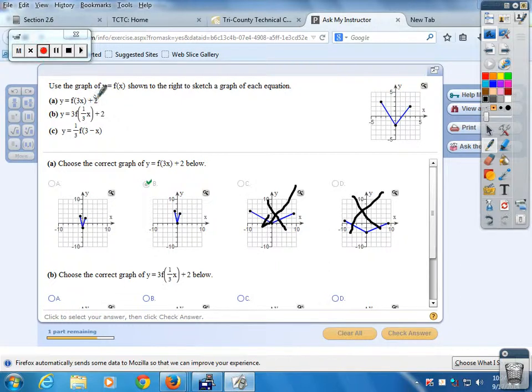Well, this one has a vertical shift of what? 2 up. Wait a minute. Why has it got 2 down? No, okay, 2 up. Yeah, 2 up. So it wouldn't be this one, because that's not 2 up, that's 1 up.